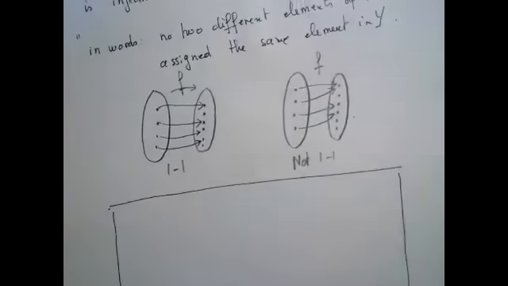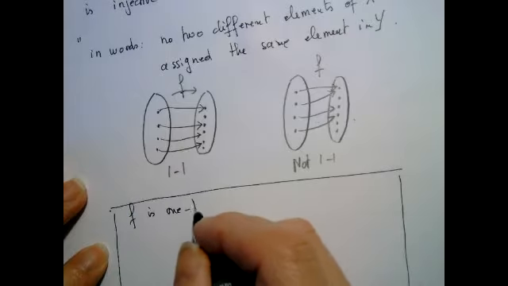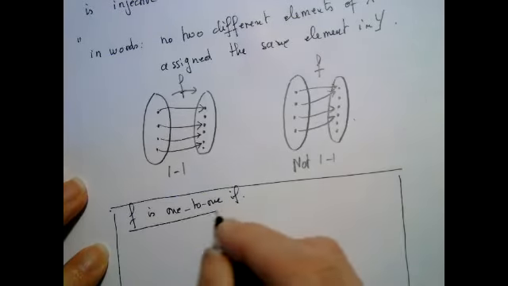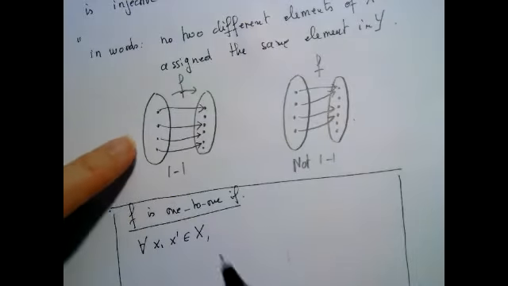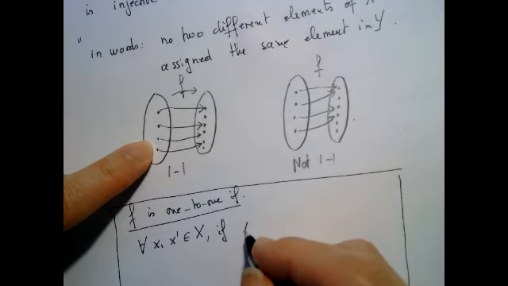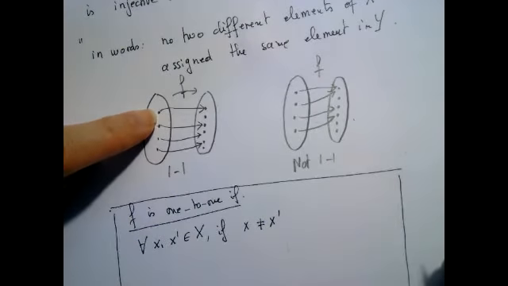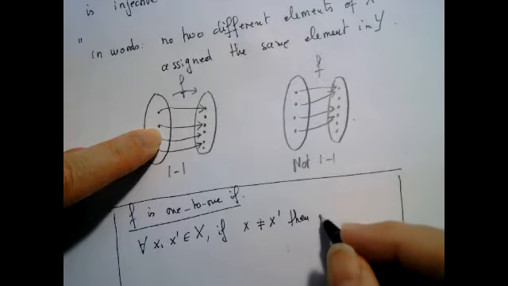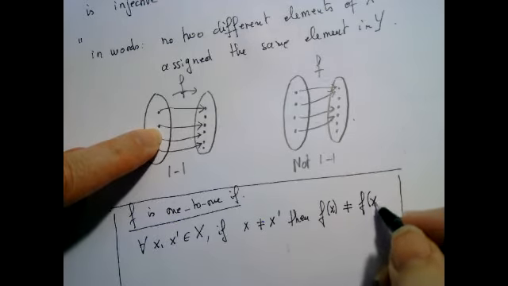F is 1-to-1 if I take any two elements in X, given any X prime in X, if X is different than X prime, then what's assigned to them has to be different from one another.